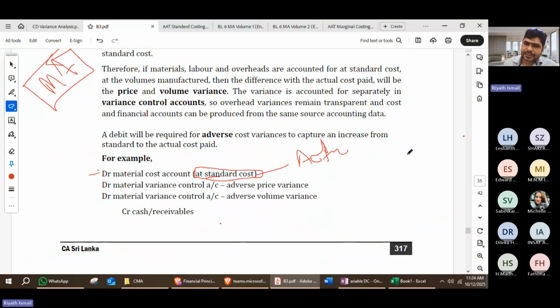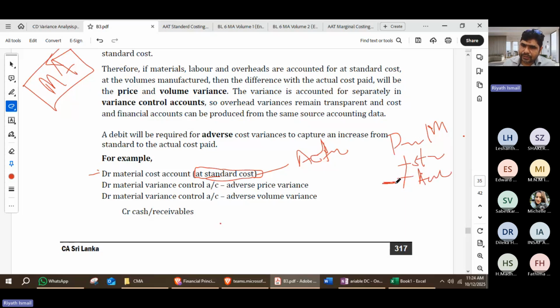For example, the purchase of material may have different values, standard and actual material purchase.